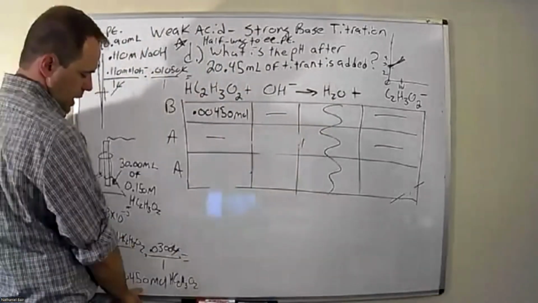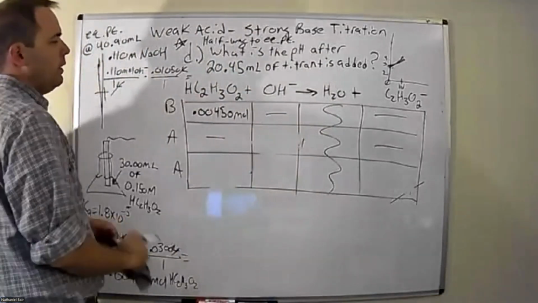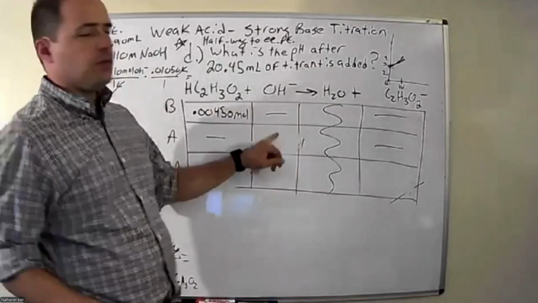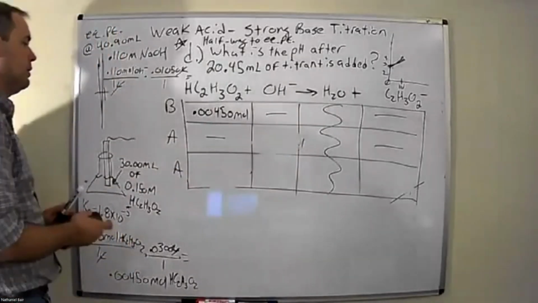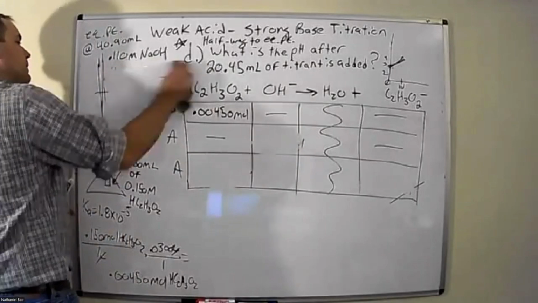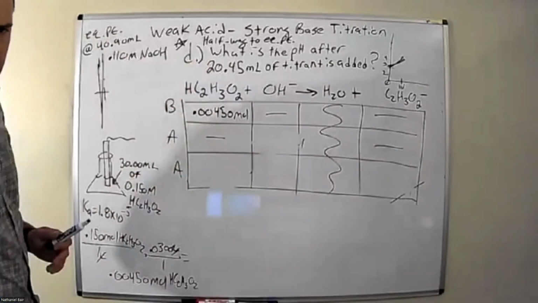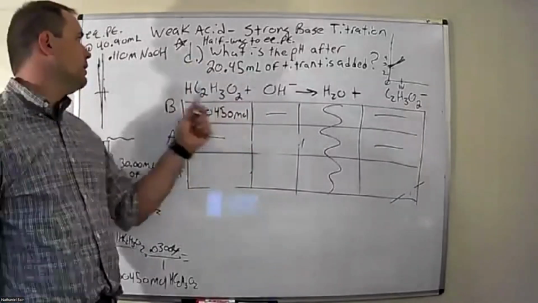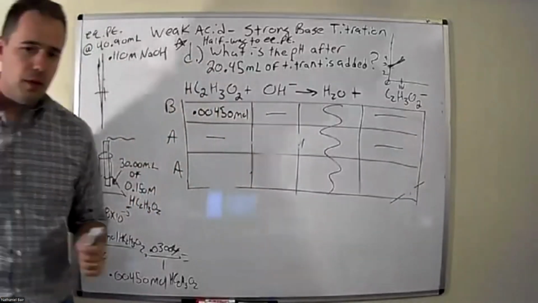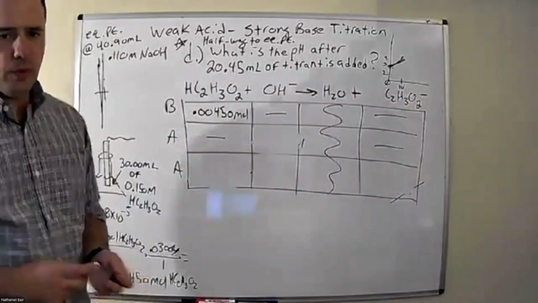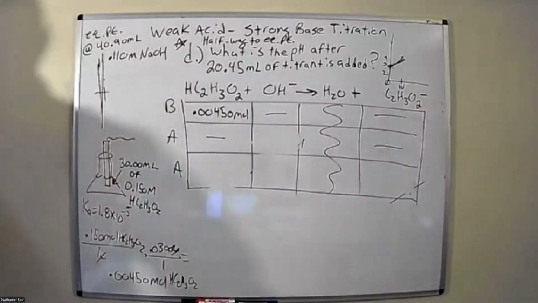Again, the before doesn't change. Okay, but now I want you to fill in the amount of hydroxide being added. That's going to change. And then see if you can get the second A row done. Okay, we're adding 20.45 mils of titrant. It's 0.110 molar. Go ahead. See if you can't fill in the rest of that BAA table.